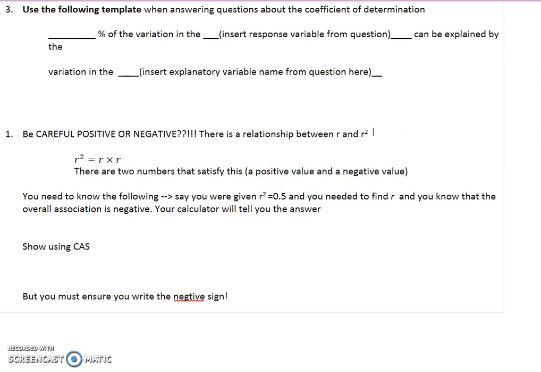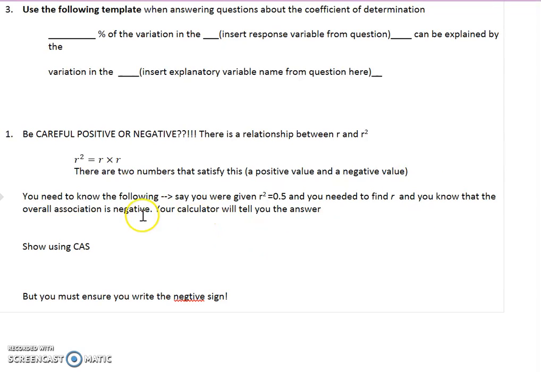If you have this equation, R squared equals 4, that basically says what number multiplied by itself gives me 4. And the answer is 2 or -2. There's two solutions there. So you have to be really, really careful and take note of the gradient if it's positive or negative, especially in exams and everything.